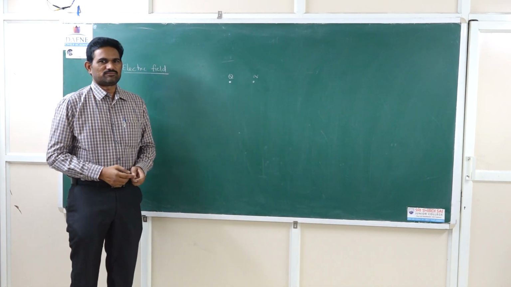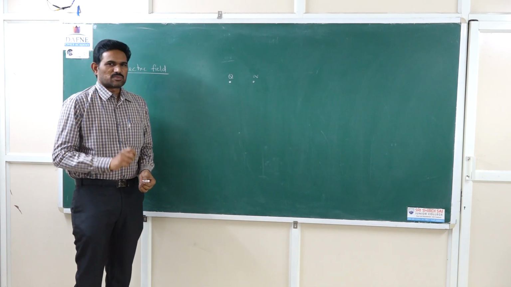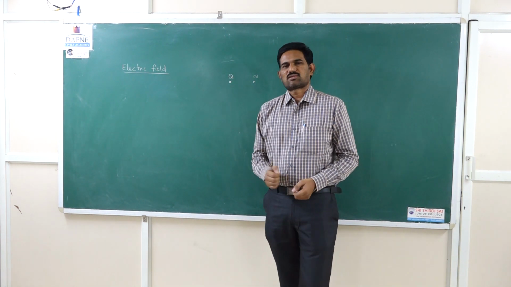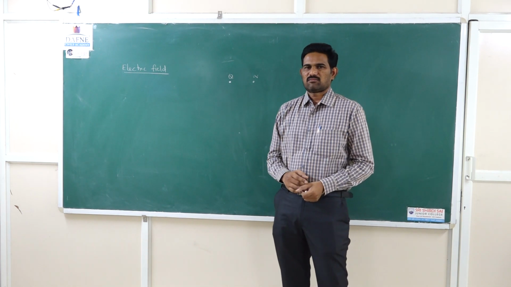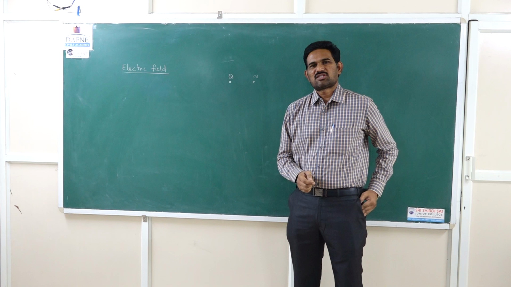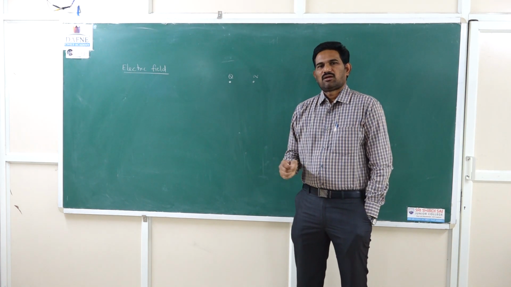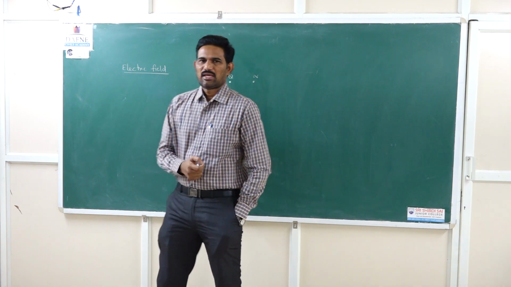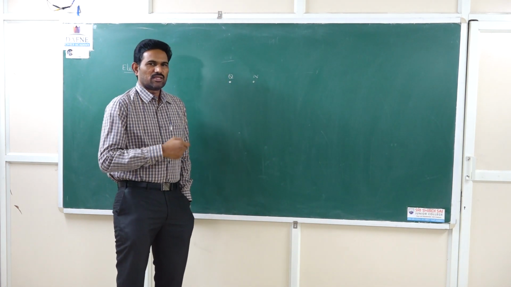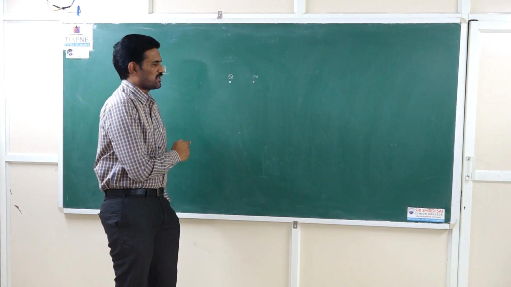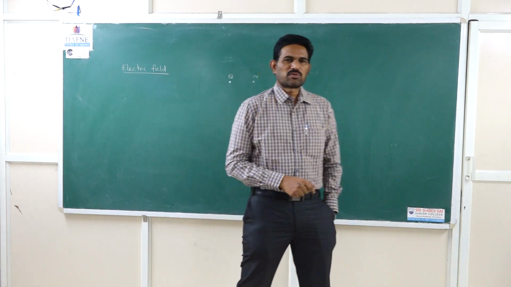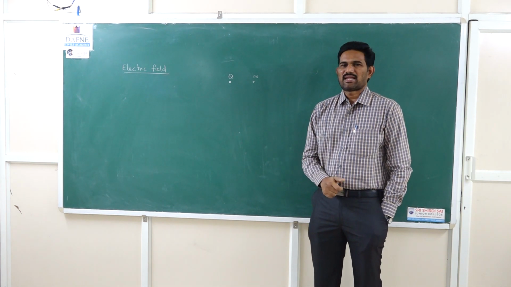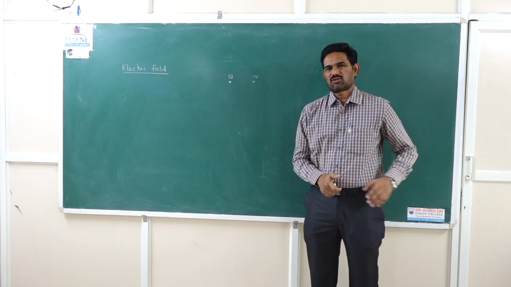So let us write the definition now. The electric field: the space around the charge in which its influence is felt, if any other charge lies in that space, it will experience a force due to this charge, is called the electric field.